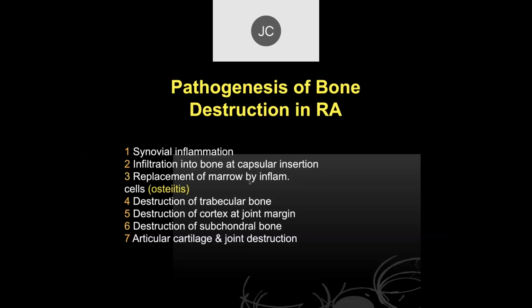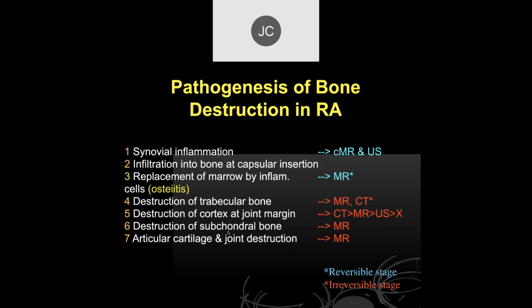And then you get replacement of the typical marrow fat by inflammatory cells, which is a true osteitis. This osteitis destroys the trabecular bone next to the capsular insertion, and this can extend to the joint margin, where you start getting subchondral bone loss, which leads to articular cartilage destruction, and then finally joint destruction.